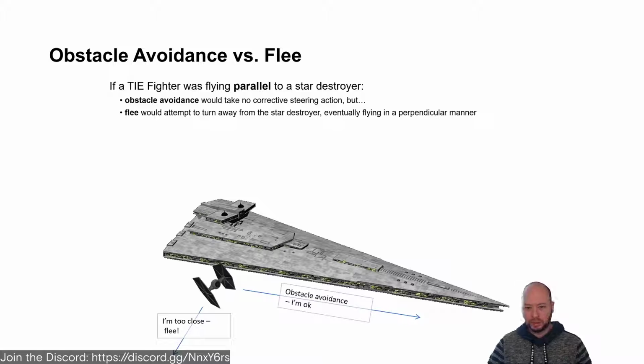For example, if you have a Star Destroyer and a TIE Fighter moving together, there's no real concern with obstacle avoidance because the TIE Fighter is not moving at the destroyer. But if it's getting a bit too close, it's going to incur a flee force, and that's going to nudge it away from the Star Destroyer.